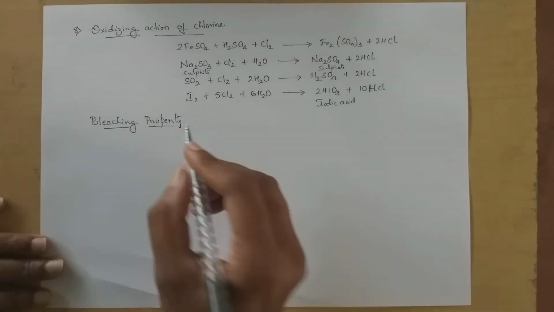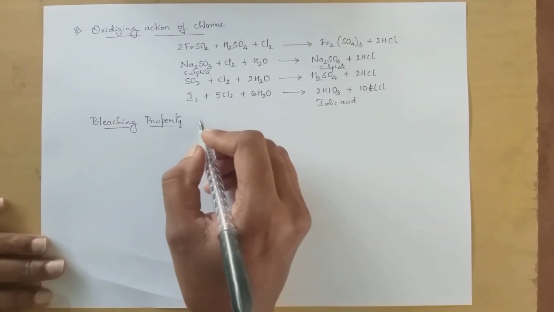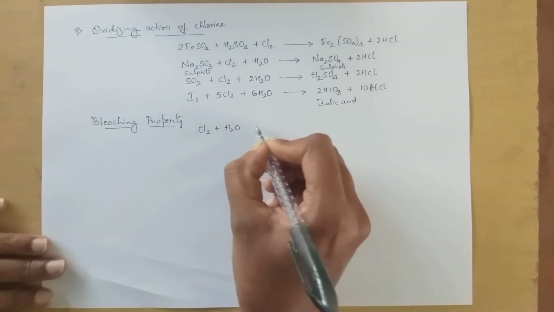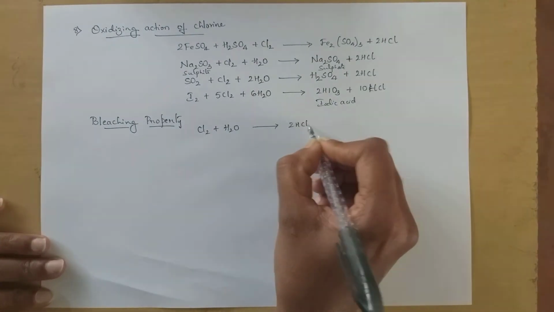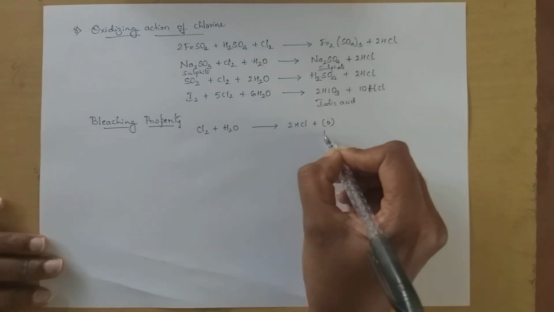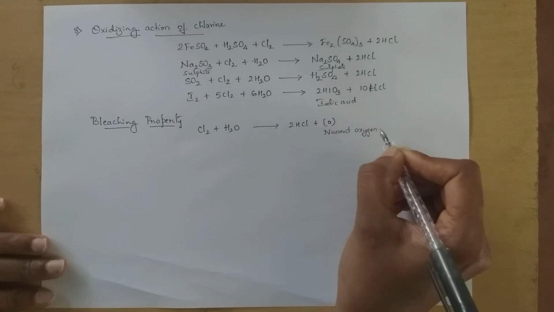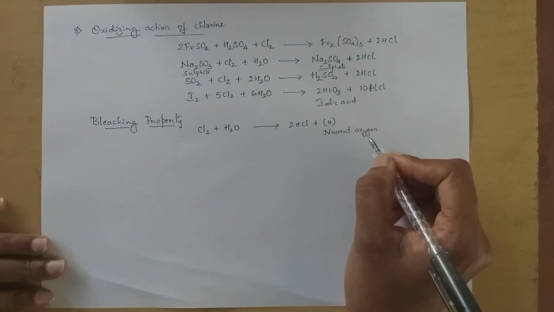So how does it liberate nascent oxygen? Chlorine reacts with water to form HCl and nascent oxygen. So this we call nascent oxygen. This is responsible for the bleaching action and oxidizing action of chlorine.